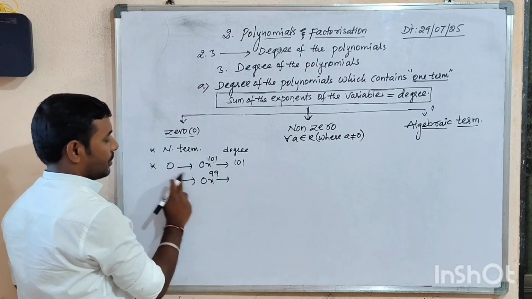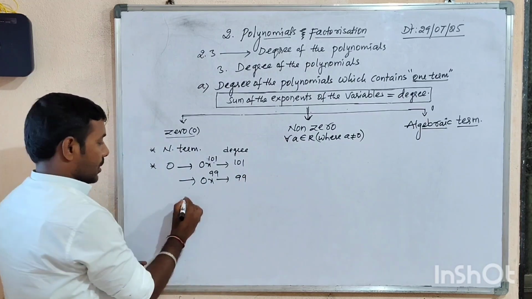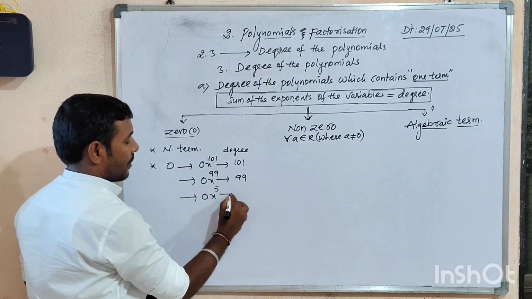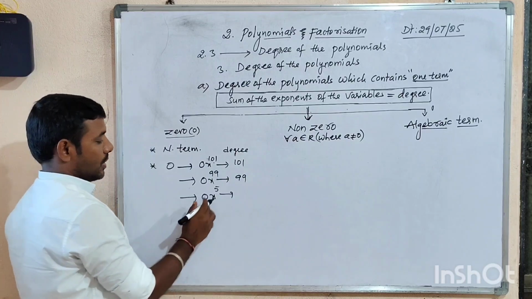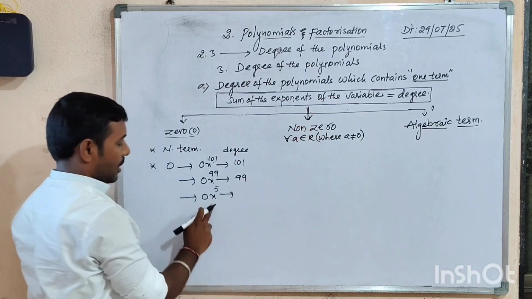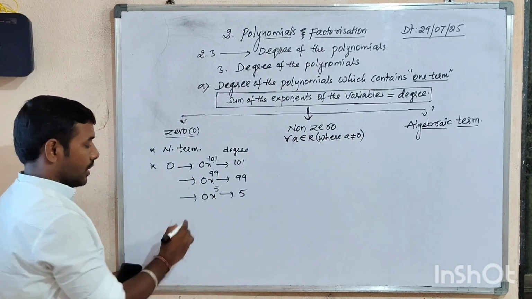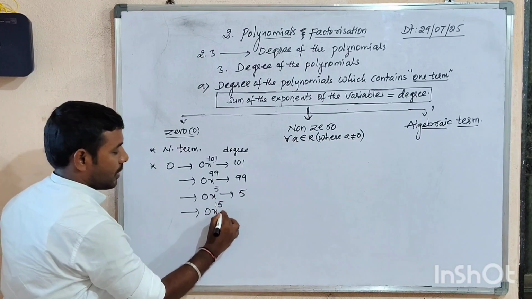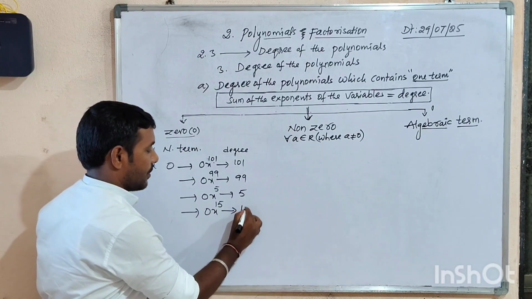The degree is 99. 0 can be written as 0x to the power of 5. According to the definition, the exponent of the variable is called the degree. Your variable is x, its exponent is 5, so it's degree 5. Next, 0x to the power of, for example, 15. The degree is 15. No doubt, right?